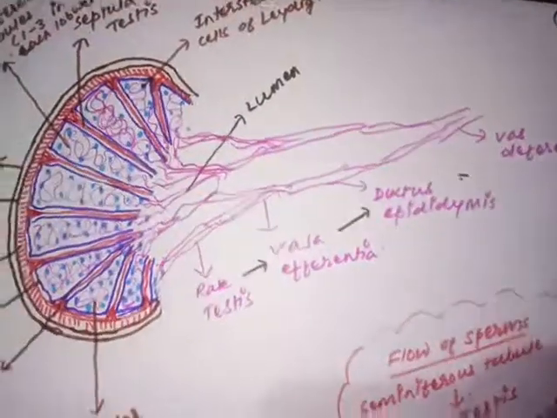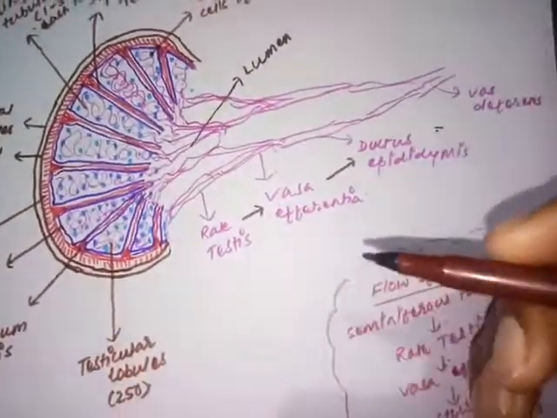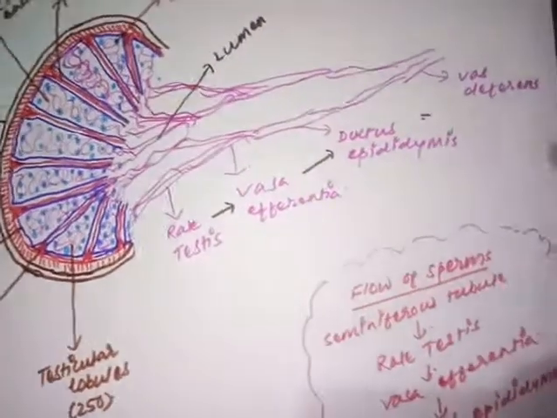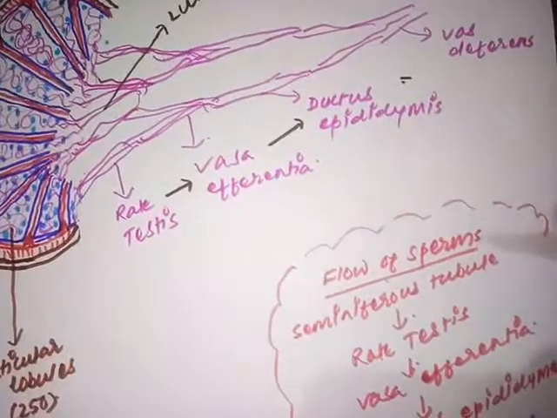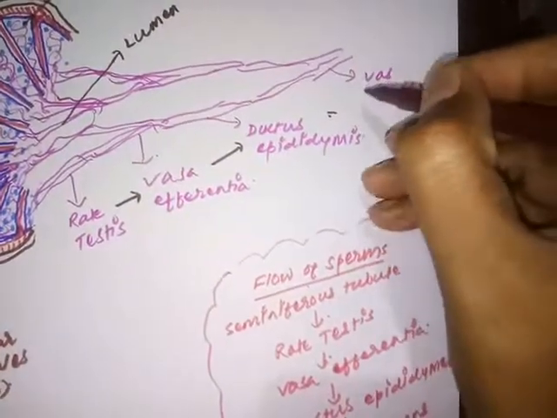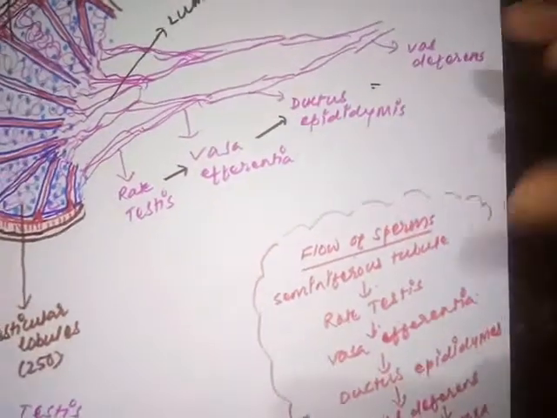So is it clear? First, the rete testis is produced due to the union of many seminiferous tubules. Now the rete testis unites to form the vasa efferentia. Now the ductus epididymis unites to form the vas deferens. So is it clear to you all?